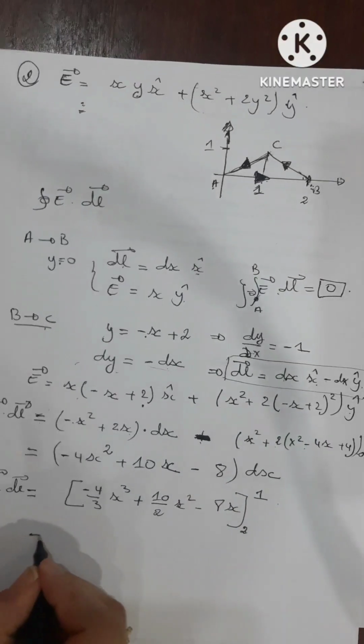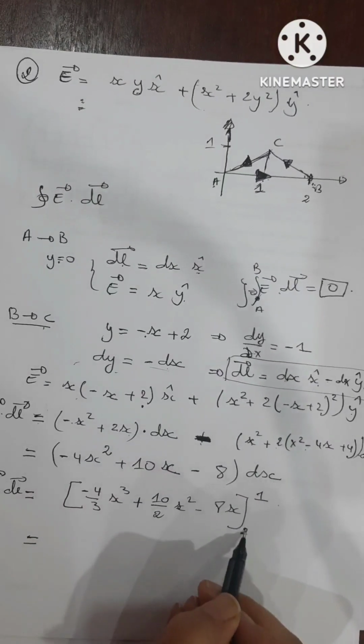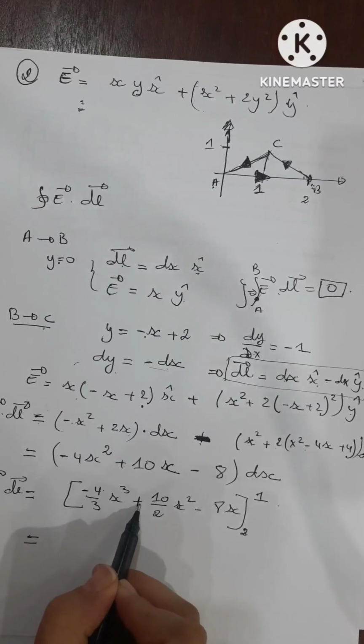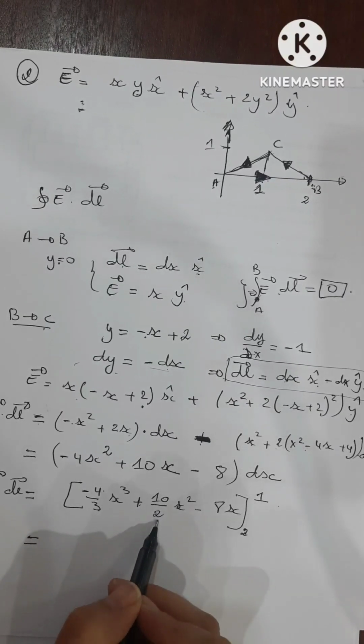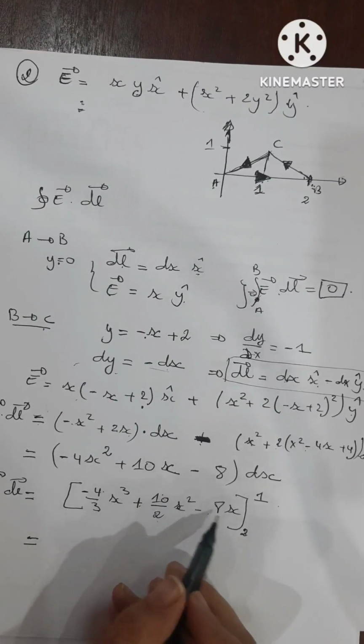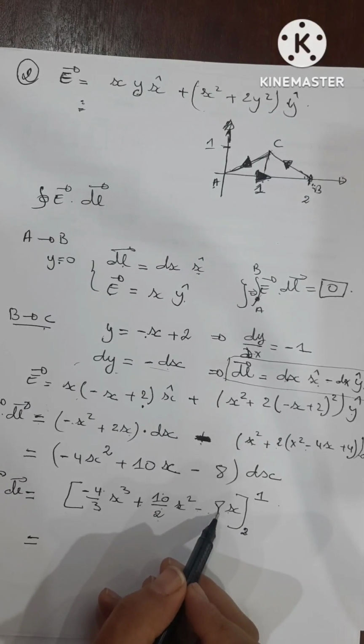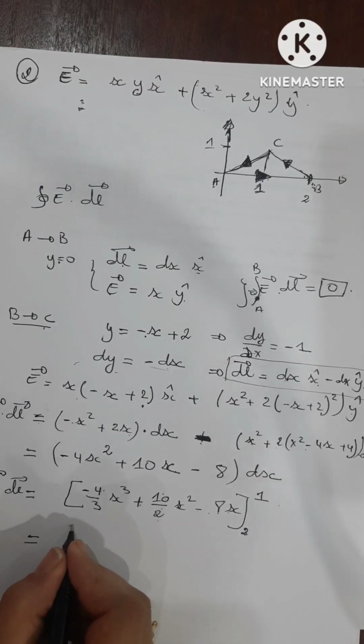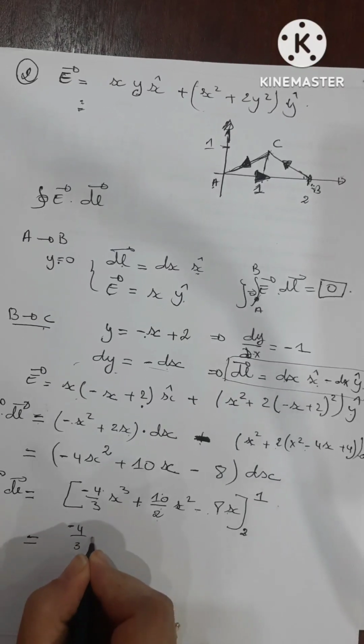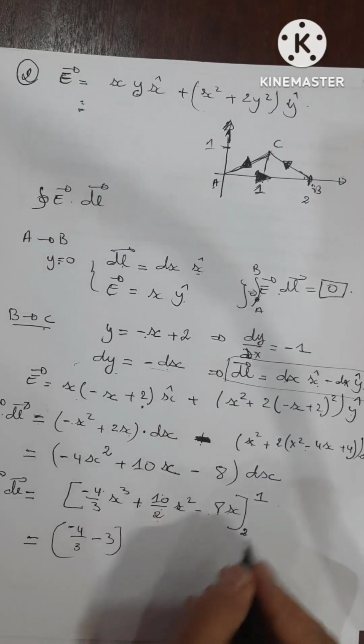So after calculation, with 1: minus 4 over 3 plus 10 over 2, which is 5, minus 8, so 5 minus 8 is minus 3, so it's minus 4 over 3 minus 3. What about 2?